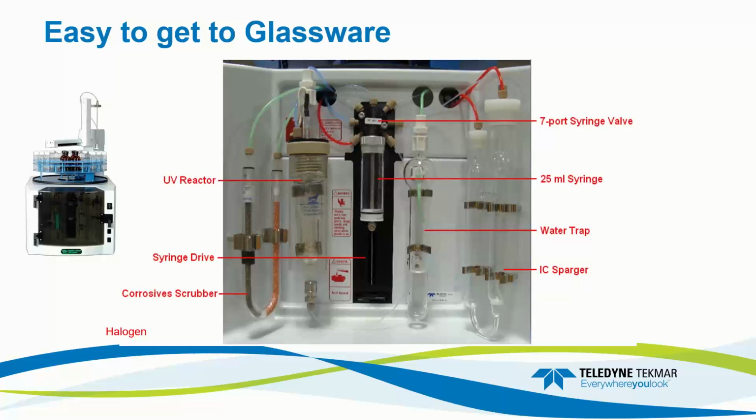You can see that your system is sparging your IC out. You can see that your UV light is interacting with your sample to cause the chemical oxidation. You can notice that your copper tin scrubber is doing its job by removing certain corrosives out of the mixture, your halogenated compounds, and trapping them on the copper tin. It's all right there in front of the system.